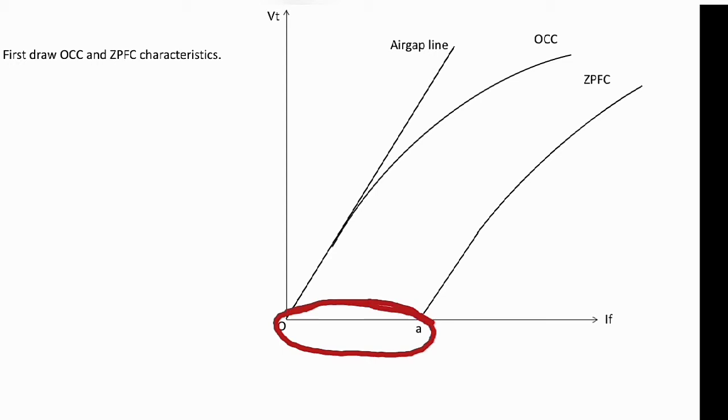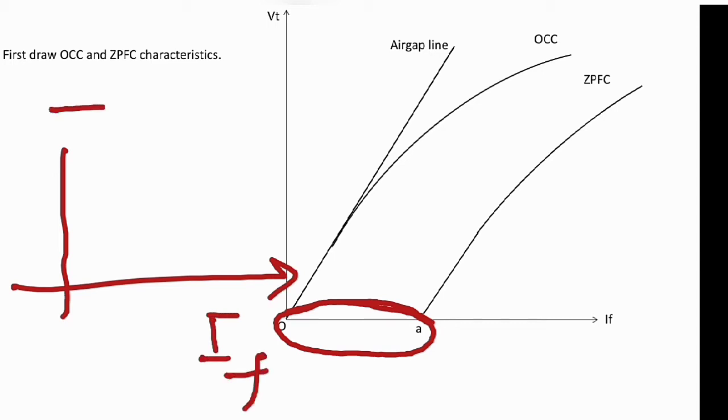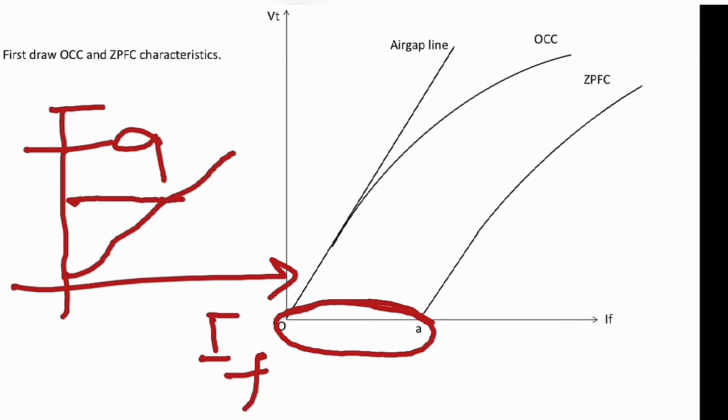That means the alternator stator winding is short circuited at that time, so Vt equals 0, and a short circuit characteristic between If and IA occurs. When the field current increases, the armature current increases. We stop when we get the rated armature current.